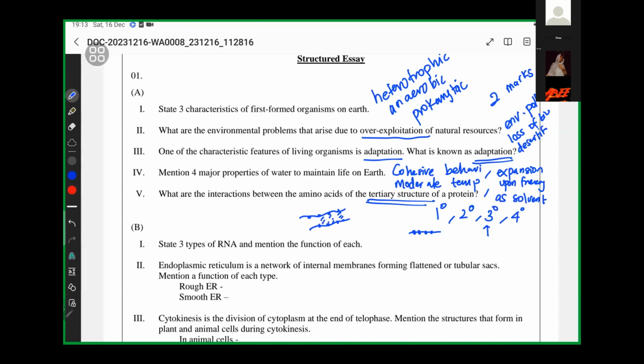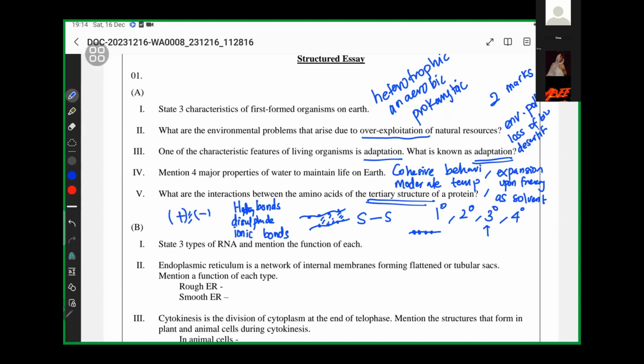The first one is the hydrogen bonds. You can write H bonds like this in your examinations, but you need to write hydrogen bonds. The second one is disulfide bonds. Disulfide bonds are bonds between the sulfur atoms, so they are called disulfide bonds. And the ionic bonds, as you always know, between plus and minus, there might be interaction.